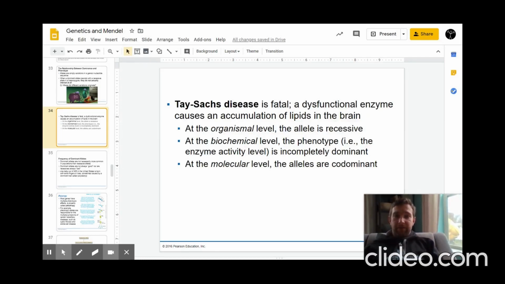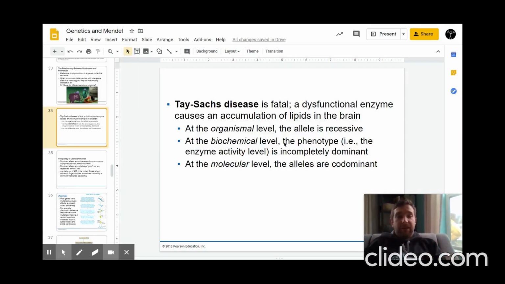Biochemically, however, we can have an incompletely dominant phenotype. If you have a dominant allele and a recessive allele, the dominant allele is going to be transcribed and make proteins that have the job of degrading those lipids. The recessive allele, instead of getting transcribed and making proteins, you're not going to get any. You only have half as many proteins doing their job as somebody who is homozygous dominant. However, it doesn't really matter, because as long as 50% of the product is there, it's enough.